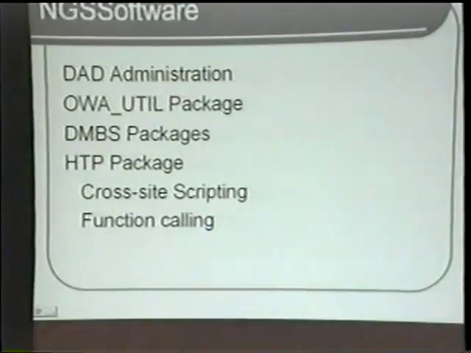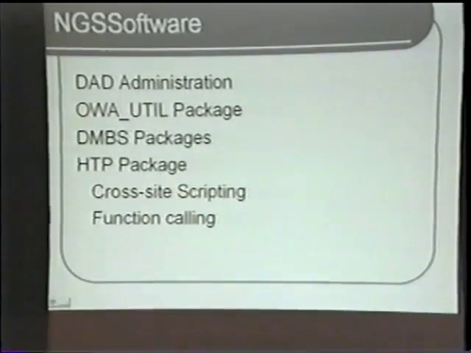So in prior versions, you used to have direct access to a package called OWA_util, and this has many, many dangerous procedures. For example, we can run arbitrary queries with things like the cells print procedure, list print, show query columns, and so on.